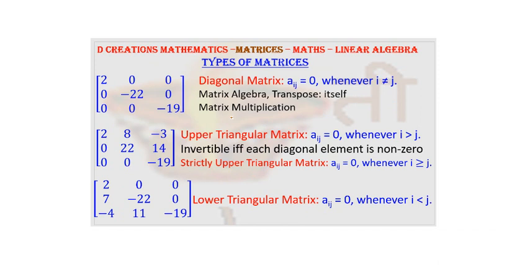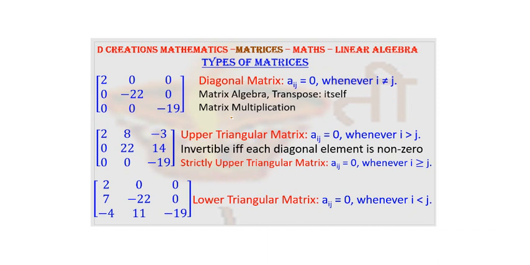Now, imagine a situation where all the non-diagonal elements are 0 and all the diagonal elements are non-zero, but unlike an identity matrix, all of them are not 1. Even then, they constitute a diagonal matrix. So you can say that an identity matrix is a special example of a diagonal matrix.